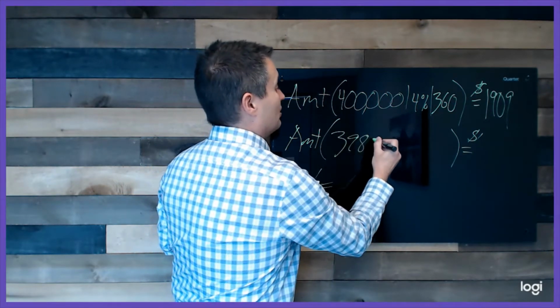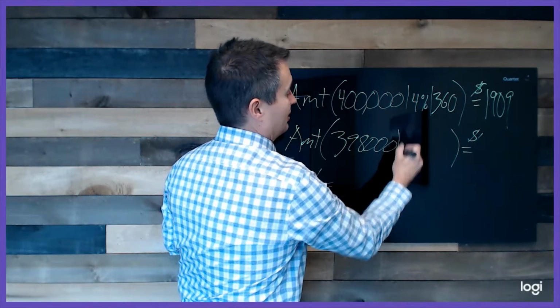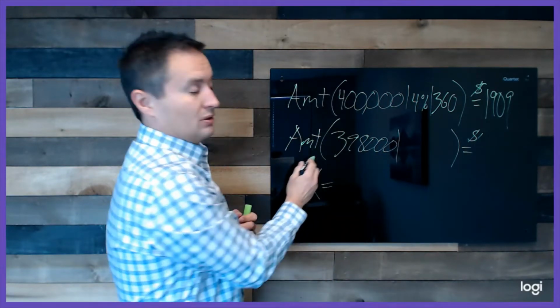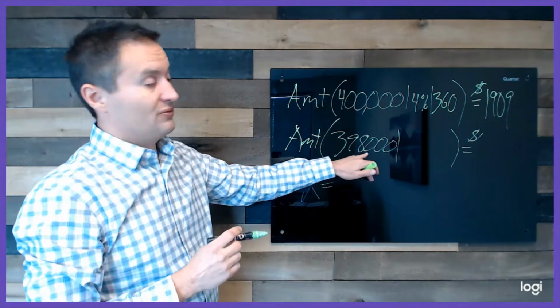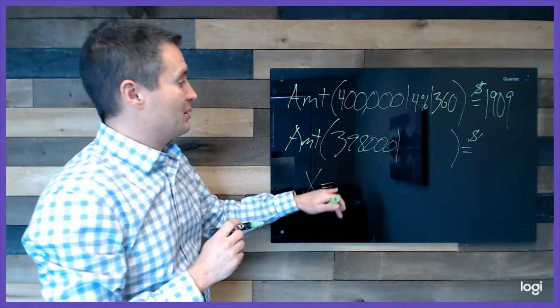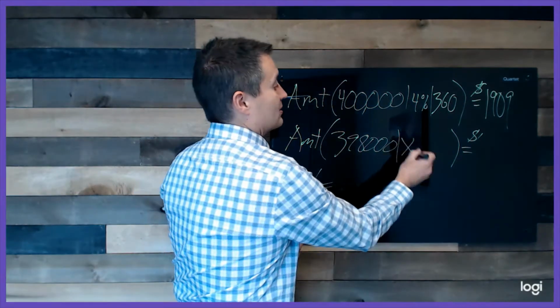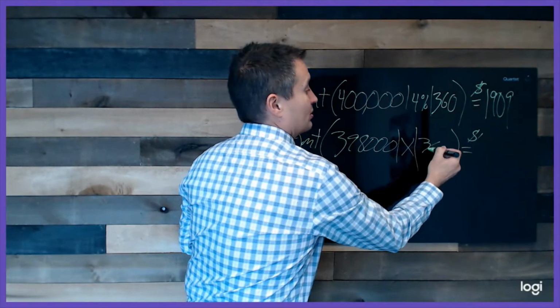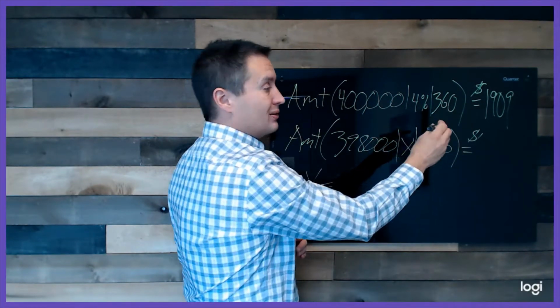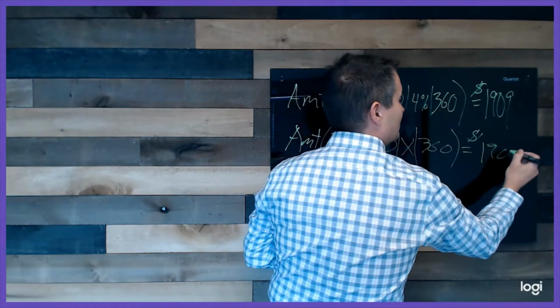Then we plug that number into the amortization calculation: loan amount minus the fees included in the APR calculation. Then X is going to be our APR, the term is still 360, and the monthly payment stays the same.